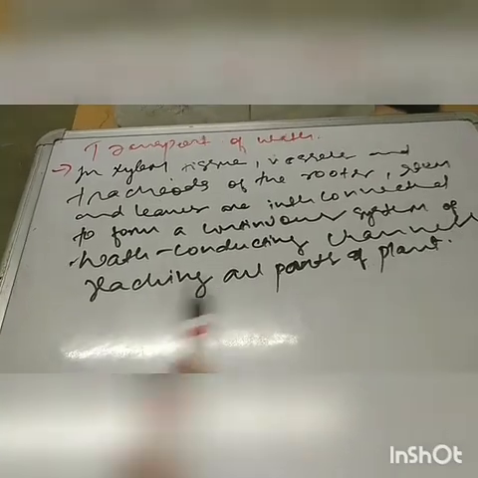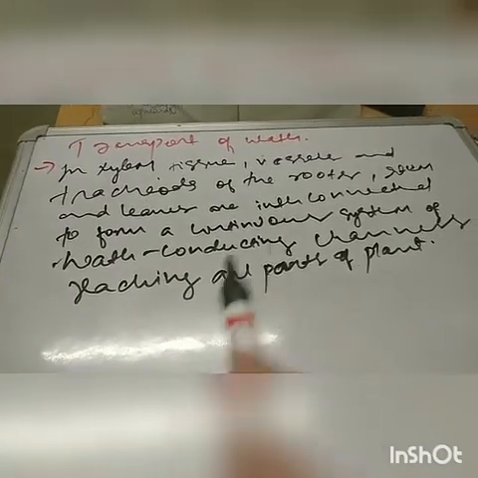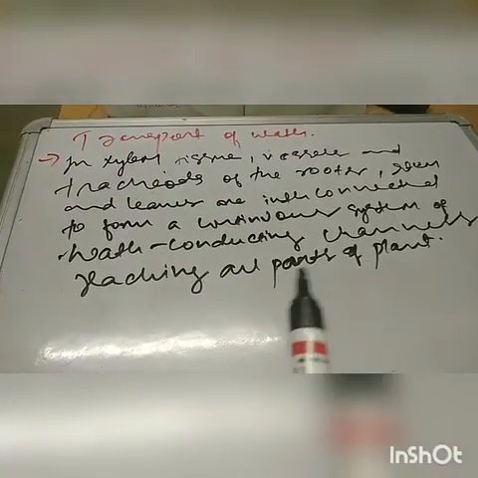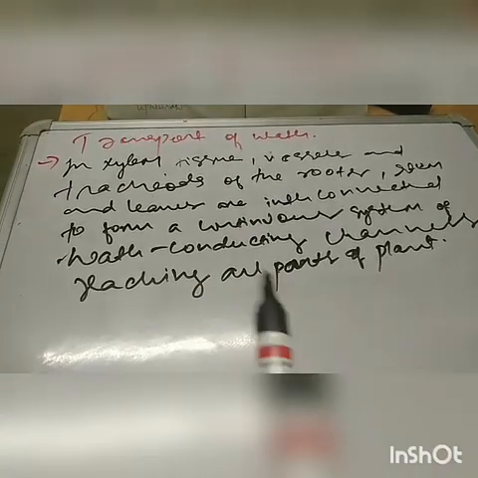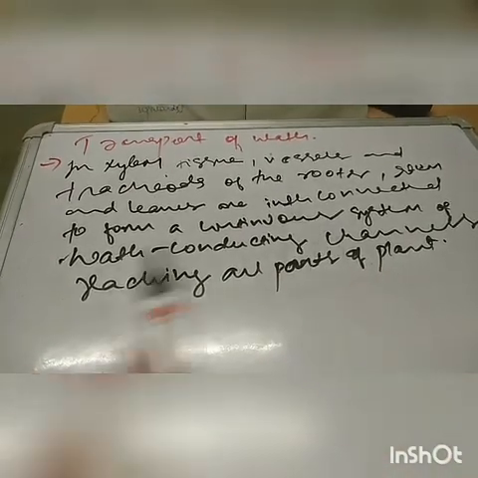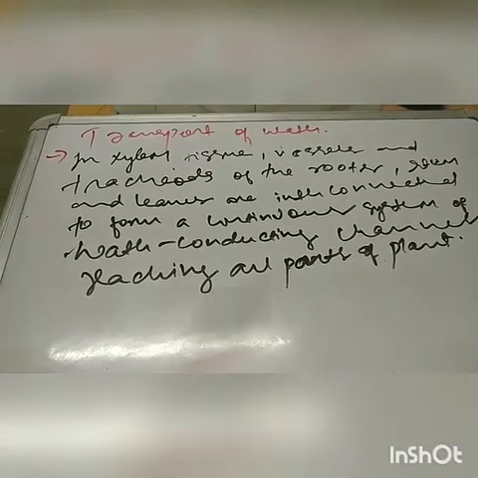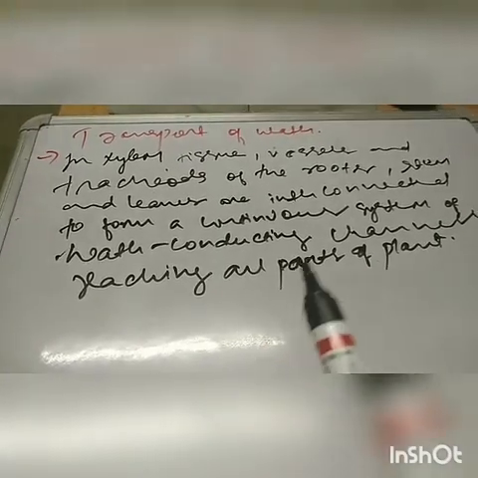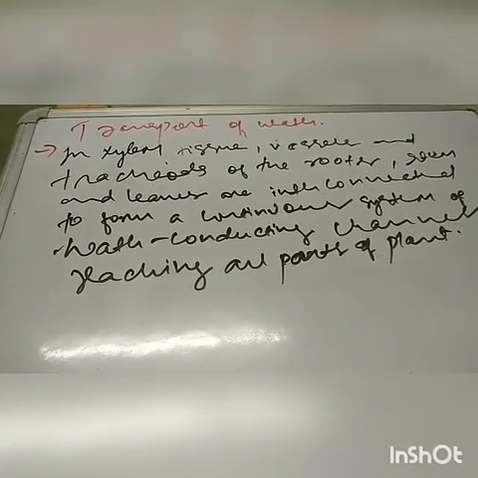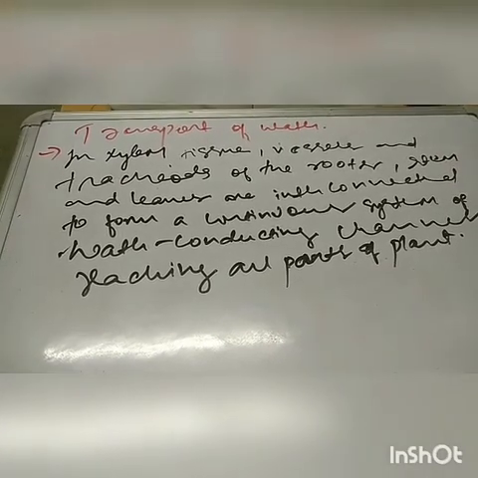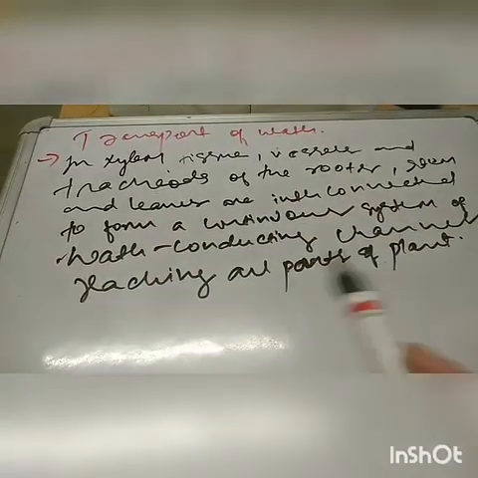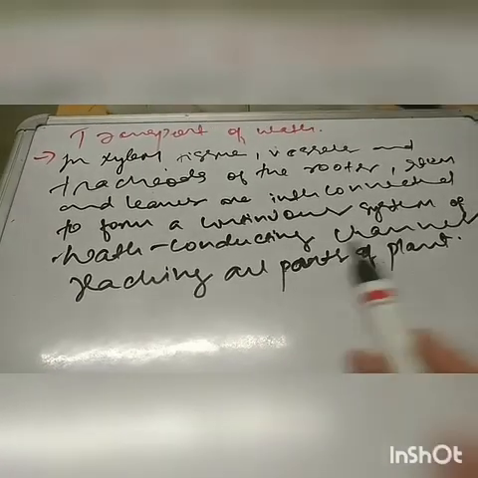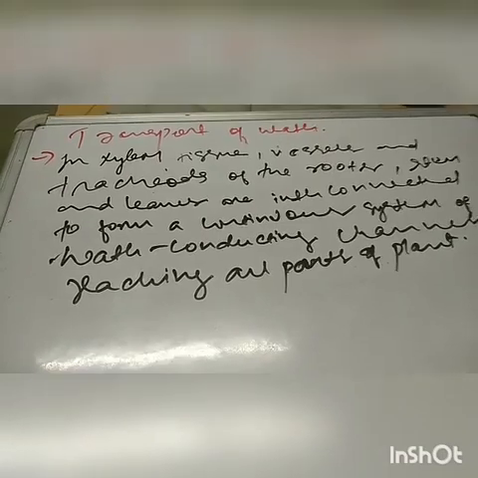So in the xylem tissue, vessels and tracheids of the roots, stems and leaves are interconnected. All these vessels and tracheids of roots, stem and leaves are interconnected in xylem tissue, because all of them have xylem tissue, right?